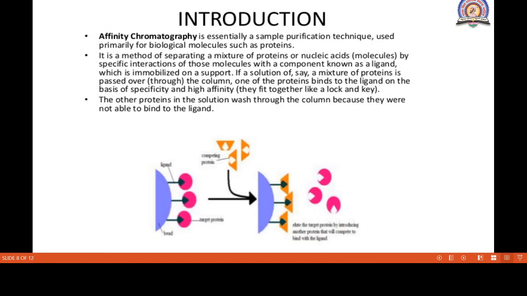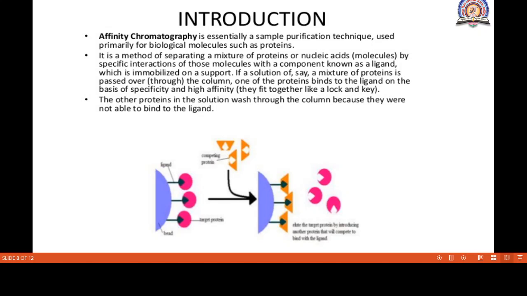If a solution of, say, a mixture of proteins is passed over the column, one of the proteins binds to the ligand on the basis of specificity and high affinity. They fit together like a lock and key. Okay.